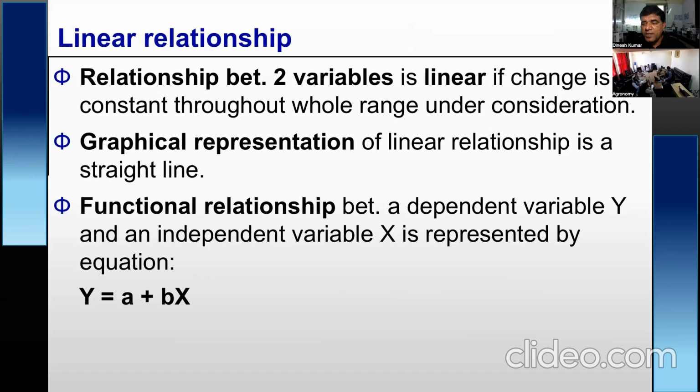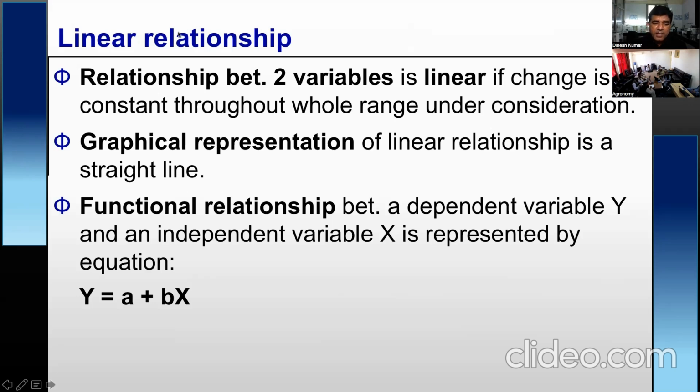Then such a kind of relationship is called linear. Every time the same increase. So the functional relationship between dependent variable Y and independent variable X can be represented by Y is equal to A plus BX.